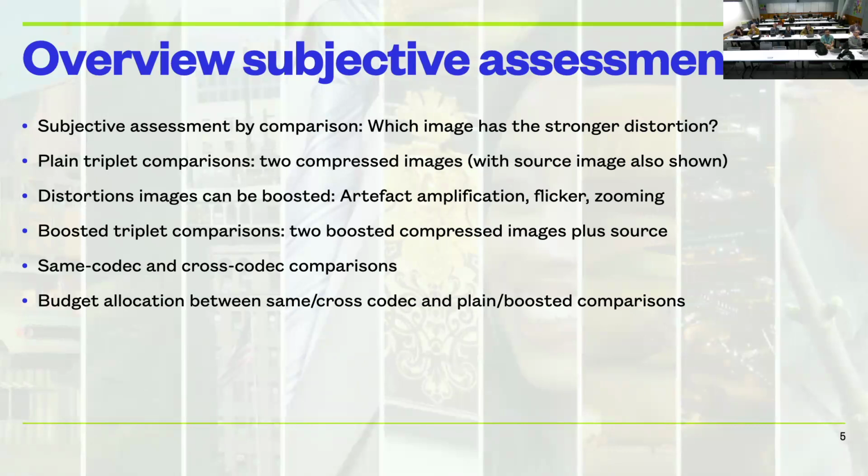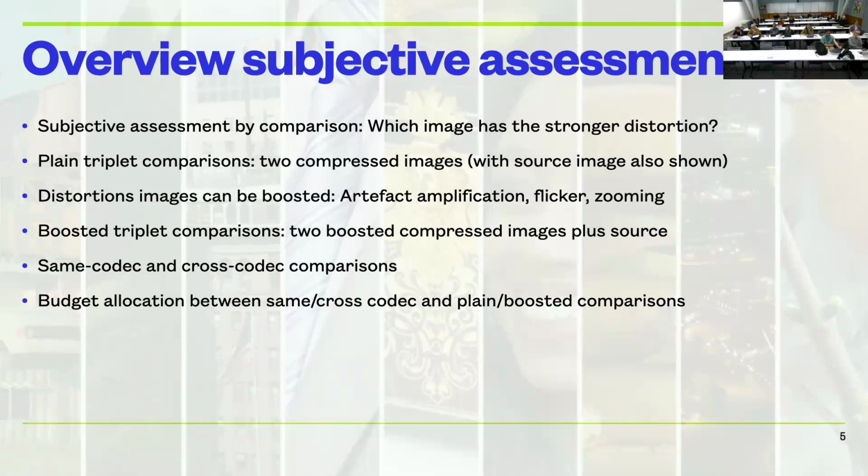These are then called boosted triplet comparisons, where we show the source and 2 boosted versions, and we show the source so that people can focus more on the fidelity with respect to the source rather than on their preference or aesthetics or so. And then there are same codec and cross codec comparisons, but no cross content comparisons.